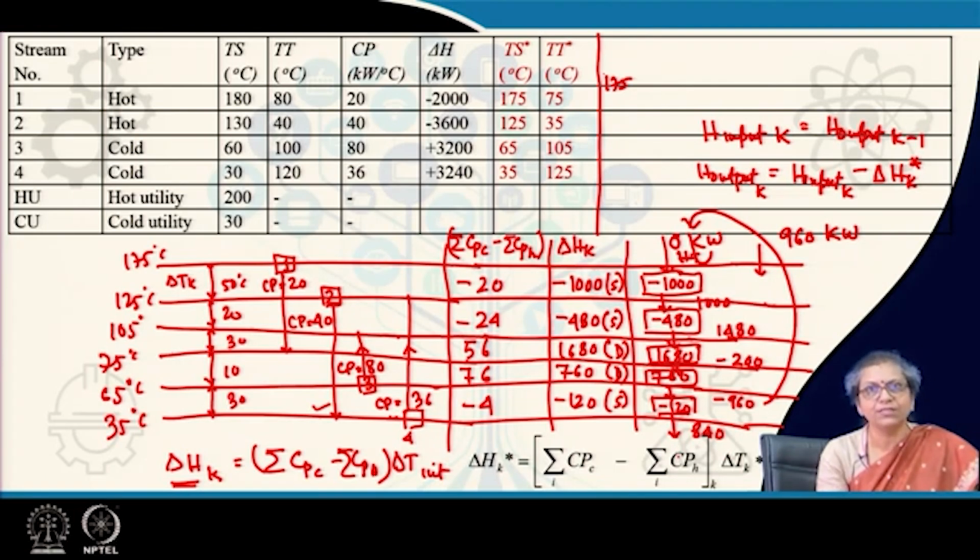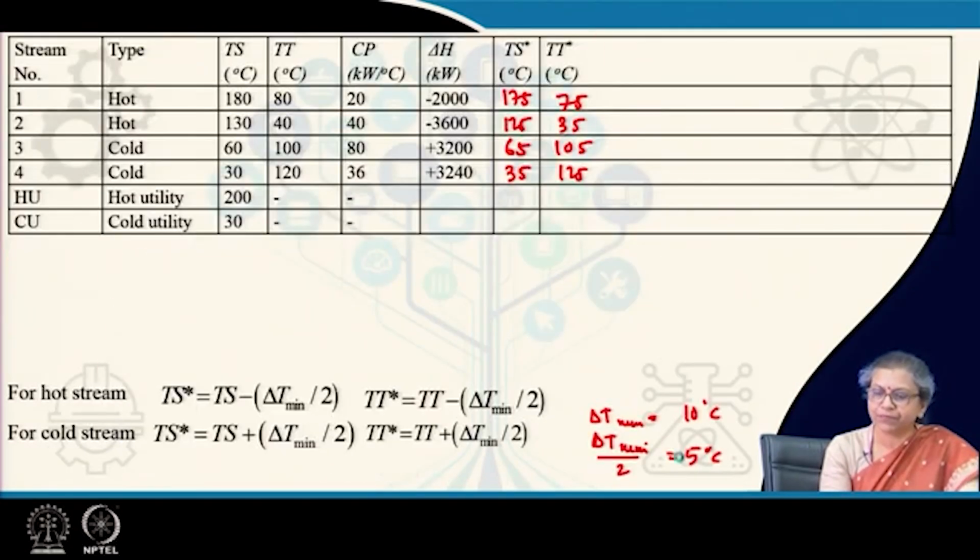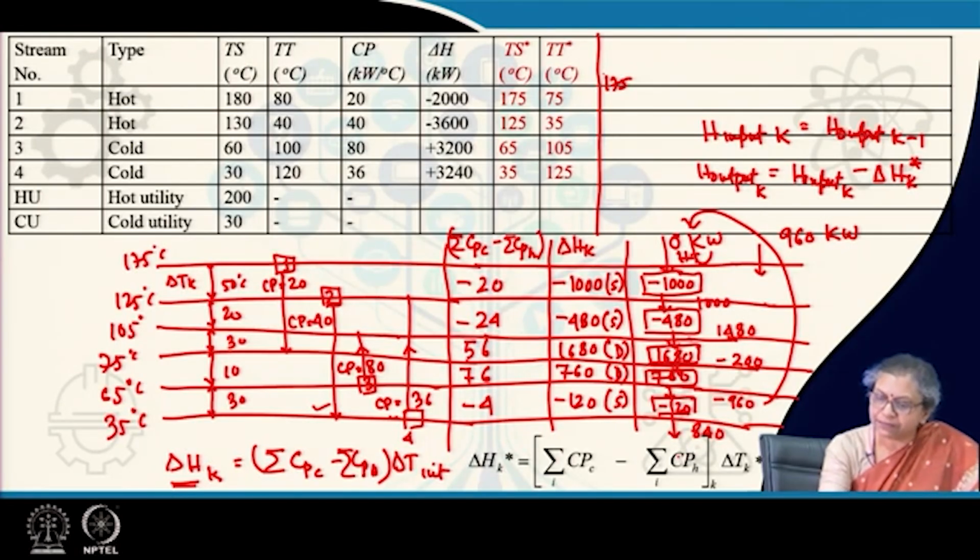Wherever there is a 0 sign, that is the pinch, because for locating the pinch, I have brought the hot and cold composite curves such that they intersect at the pinch point. So I do this just to eliminate thermodynamic non-feasibility.